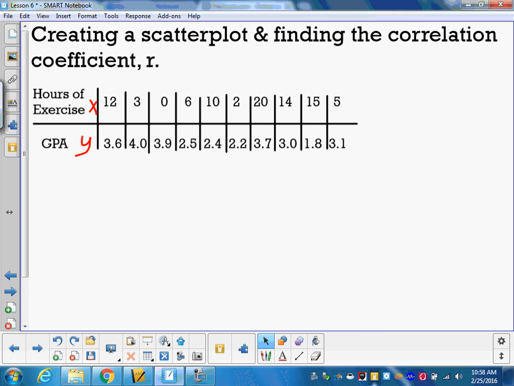All right, so before we make our calculation for R, I want everybody to press the yellow second button, and then press 0. You're going to get the catalog.